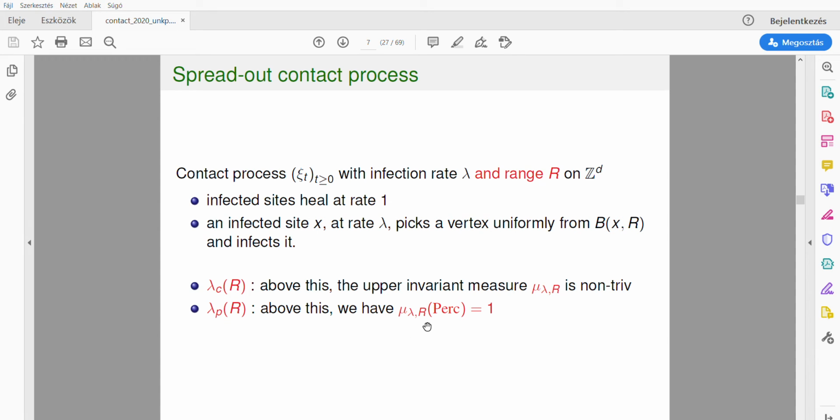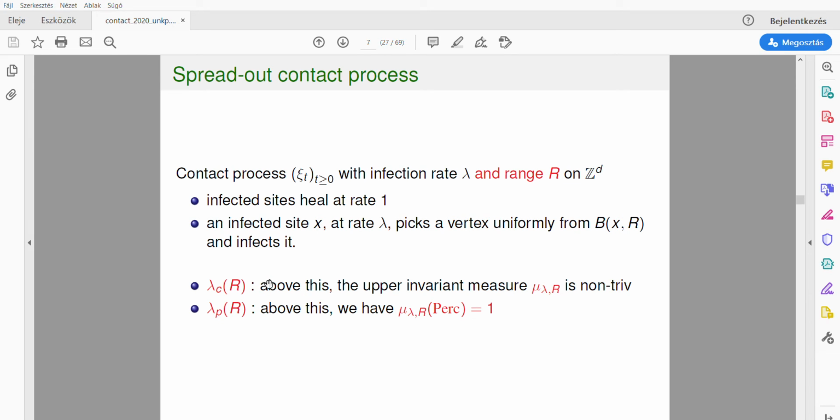If you look at the configuration of infected sites under the upper invariant measure, then with probability 1 the percolation event occurs: there is a connected component of infected sites which has infinite cardinality.